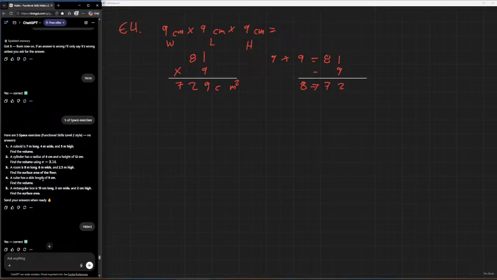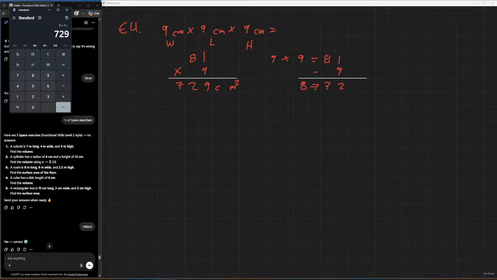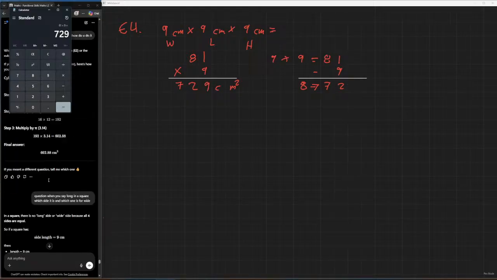The tube has a side length of 9 cm. Find the volume. Does a tube have... wait a second, let's see the diagram.